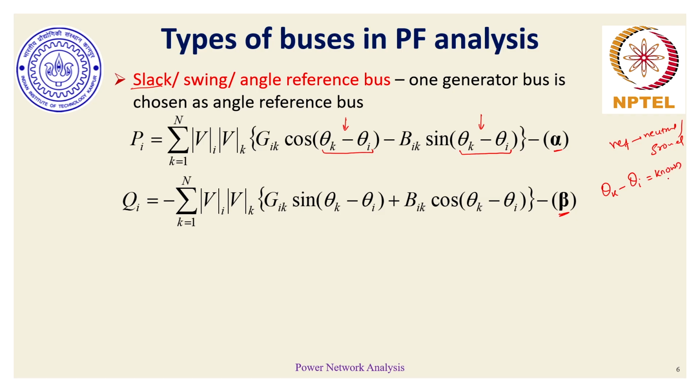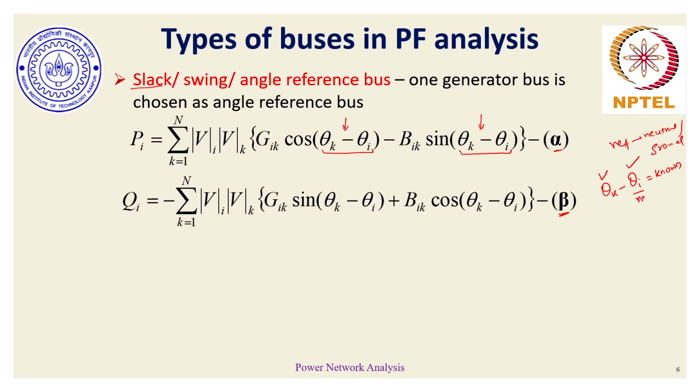That means the difference of voltage phase angles can be known. It is almost difficult to find the actual theta k and theta i. What we are trying to get here is that we are able to find the difference of two numbers from power flow analysis. Our purpose is to find these two numbers uniquely.